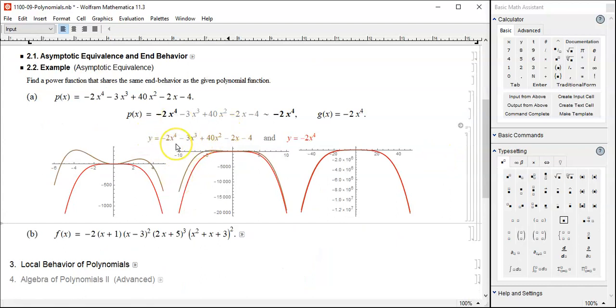Okay, brown is the original polynomial function. It's complicated, as you can see. But as you go to a larger scale and much larger scale, they become kind of indistinguishable. Asymptotically equivalent. And then the red graph, the simpler graph here, we know an awful lot about that. It's upside-down U-shaped because this is negative times x to the even power.